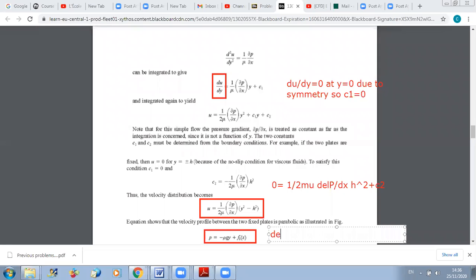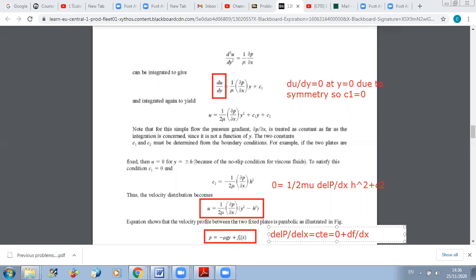So we already said that del p over del x is a constant. So now, if you derive this relation with respect to x, what do you get? You have minus rho gy, which is only a function of y, so 0, plus df over dx.